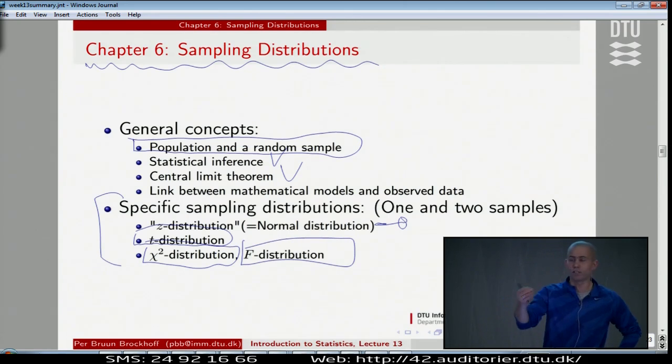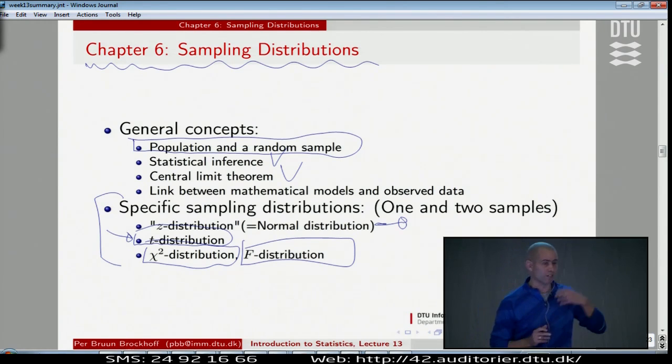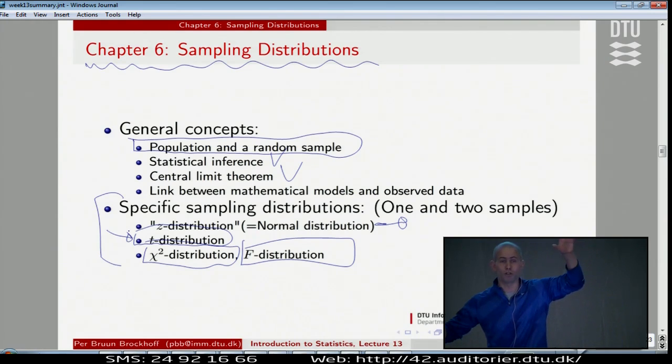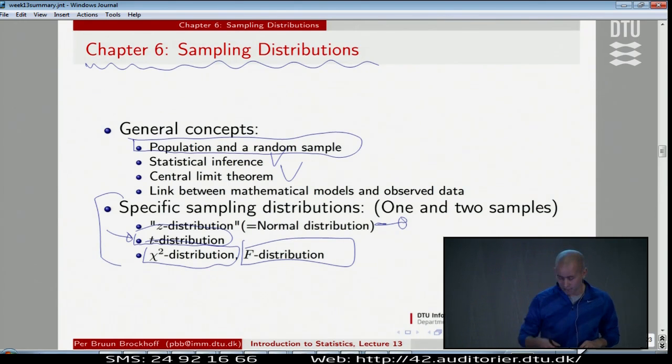Theoretically, these come from the normal. If something is normal and you divide it by a computed variance, it becomes a t. If something is normal and you square it, it becomes a chi-square. If 2 things are normal, you square them and you divide them by each other, they become f. That's probability theory, not in our course, but you could learn that in a probability course if you wanted to.